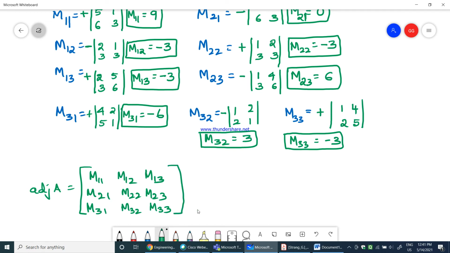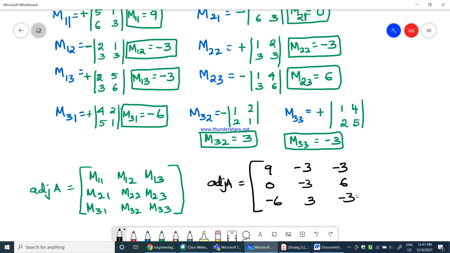So therefore adjoint of A equals, list out all the matrix which we have written here. M11 is 9, minus 3 and minus 3, then 0, minus 3 and 6, then minus 6, 3 and minus 3. This is the adjoint of it.